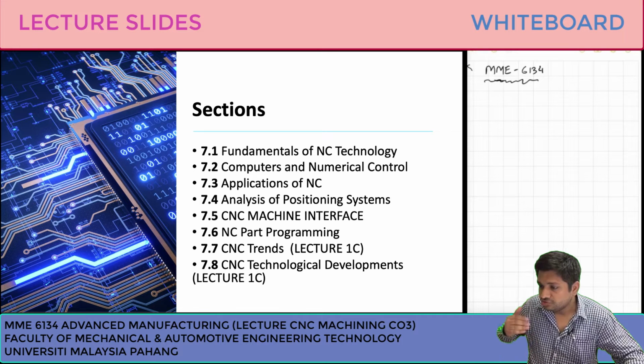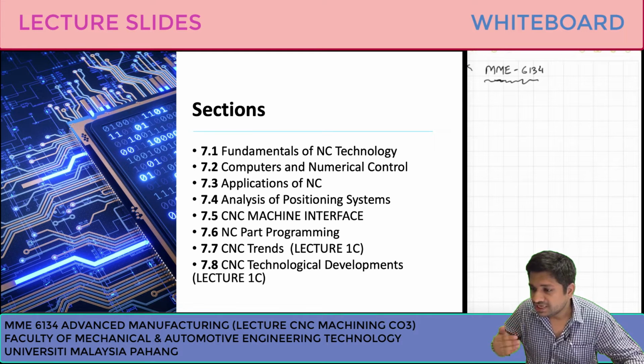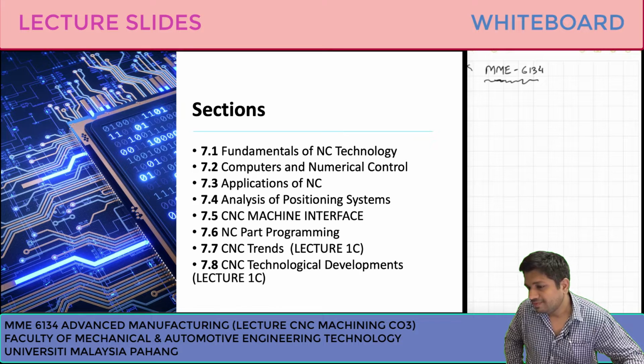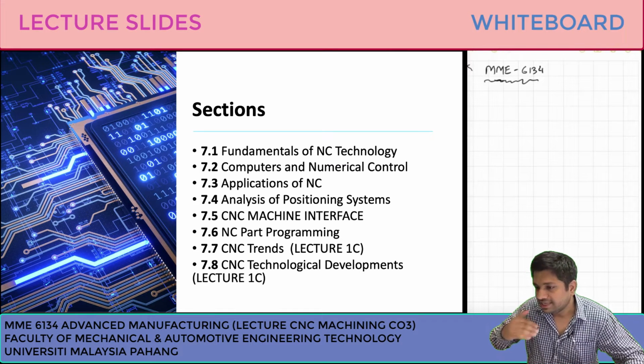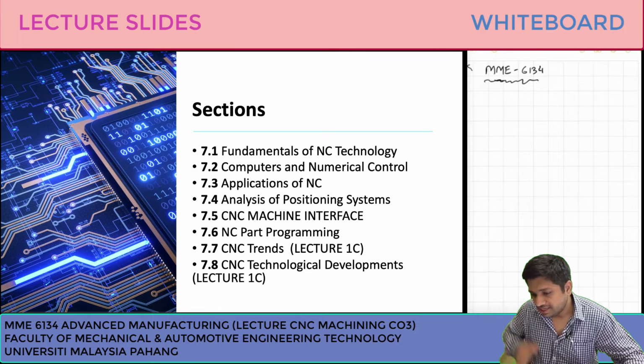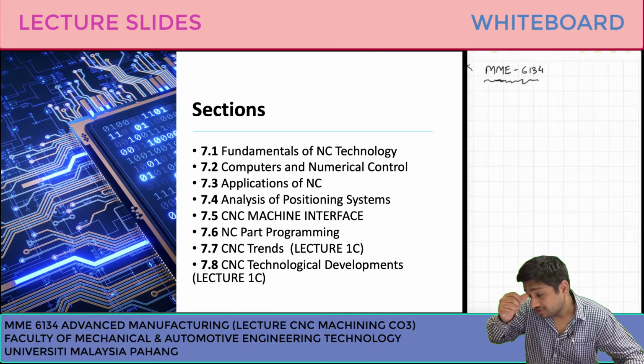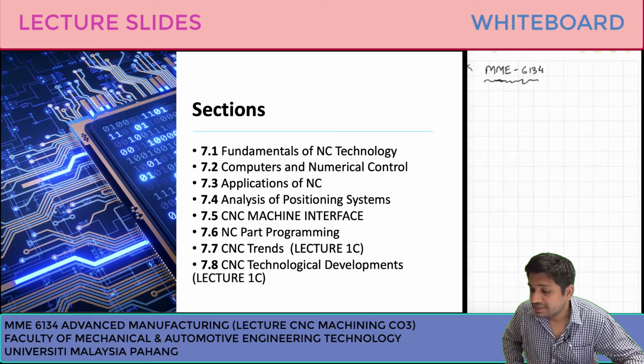Then we are going to perform NC G and M coding ourselves. So we will be learning in this course how to perform manual part programming, or how to manually write G and M codes to write a program and to carry out the machining process. And then last but not least, what are the current trends and developments for CNC systems.